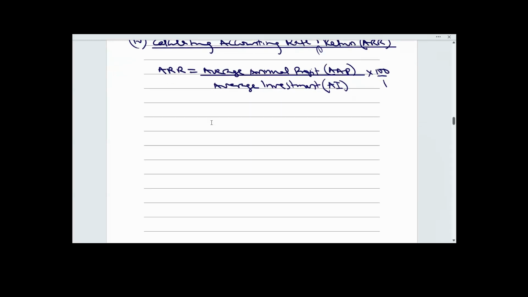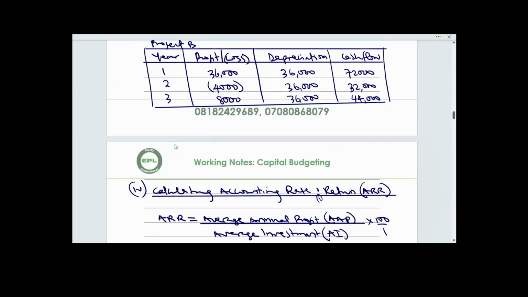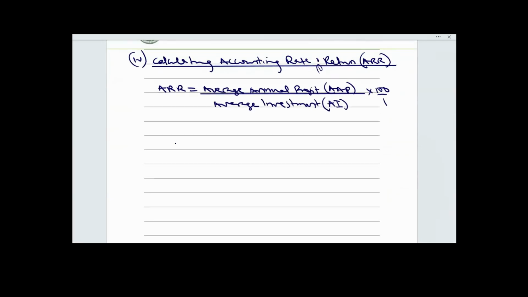So for us to be able to do this, we are going to calculate average annual profit first. We calculate average investment second. Then we now calculate accounting rate of return. Since we've already calculated depreciation, we don't need to stress ourselves. So I want to calculate average annual profits.